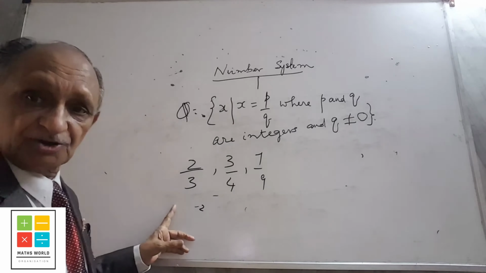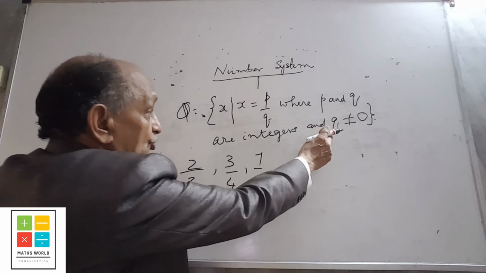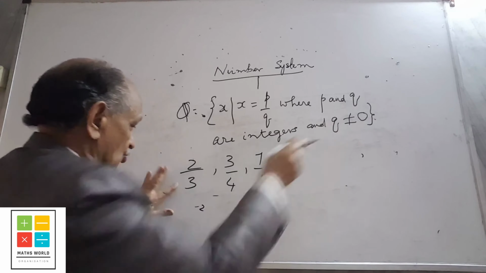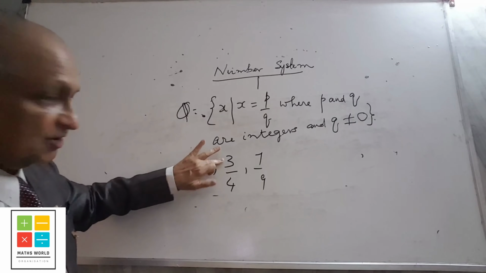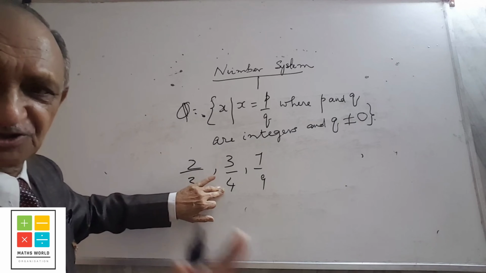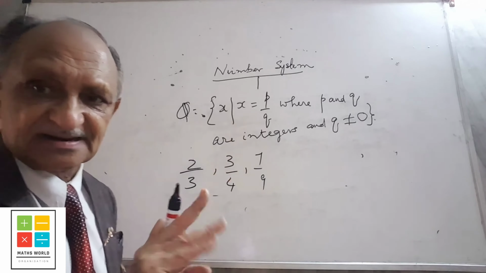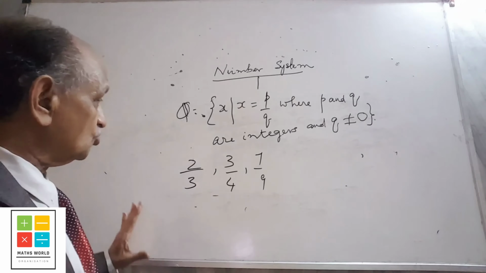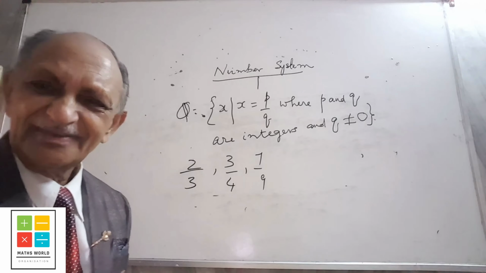Here 2 is an integer, 3 is an integer, and 3 is not equal to 0. 3 is an integer, 4 an integer, 4 is not equal to 0. 7 is an integer, 9 is an integer, 9 is not equal to 0. Therefore, these are called rational numbers.